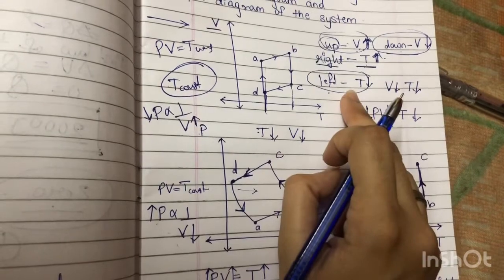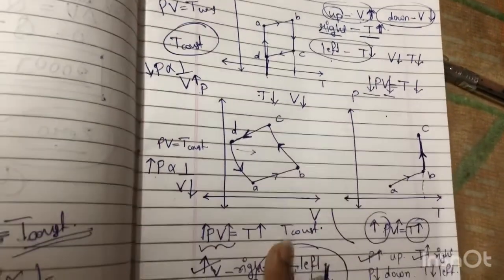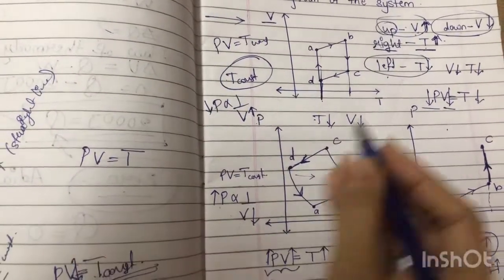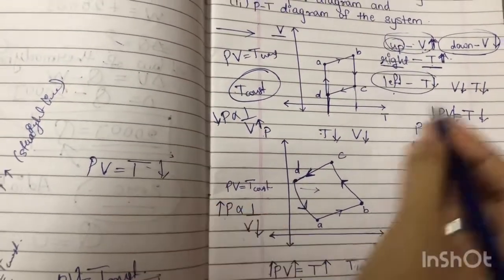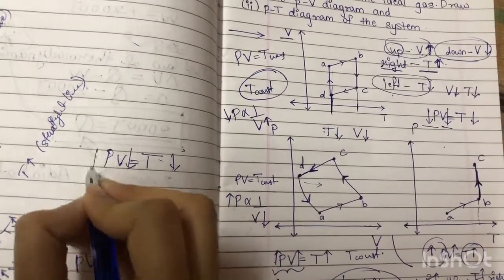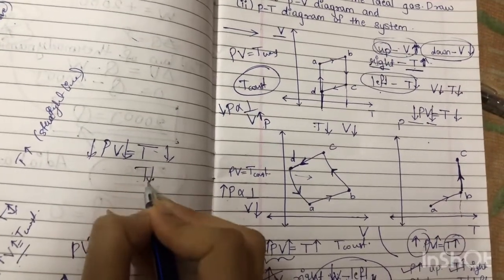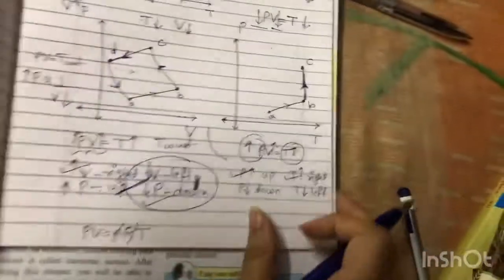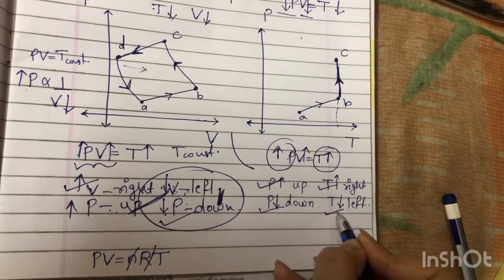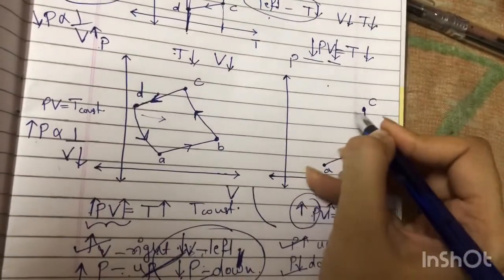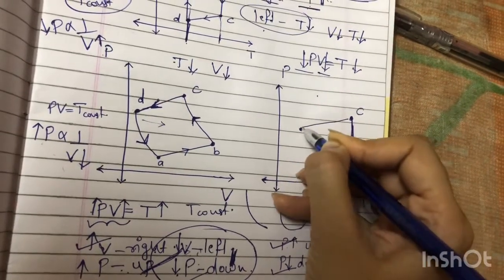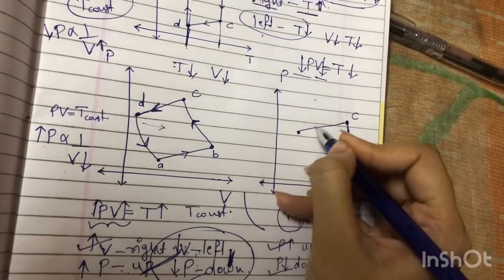So PV is equal to T. What I have told, decrease in temperature and it is going downwards means decrease in volume, so pressure will also decrease. Temperature decrease, pressure decrease, means the graph will go towards the left and downwards. So this is C to D.